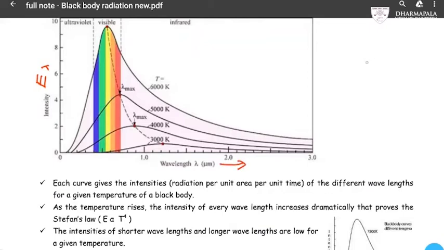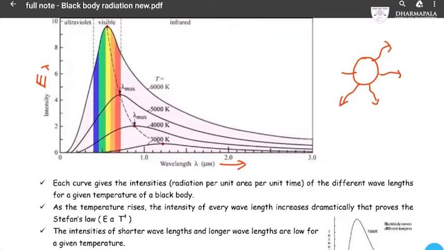For example, if you take a black body, it will emit radiation. When the temperature of the black body increases, the amount of radiation emitted by it also increases. So the idea of this graph is to show different temperatures. You can see 3000 Kelvin, 5000 Kelvin, and so on.